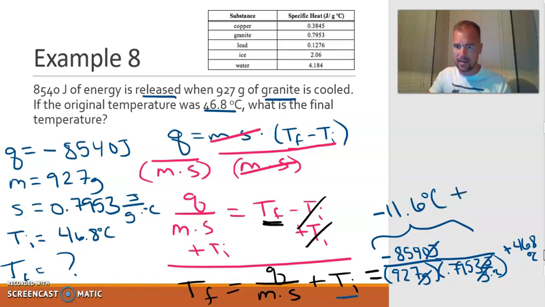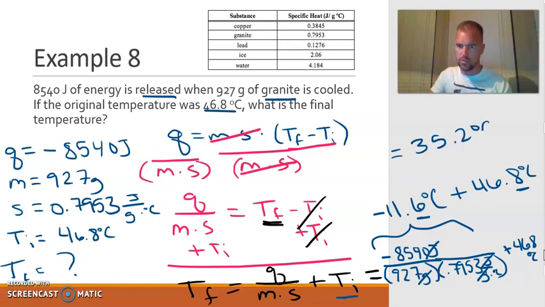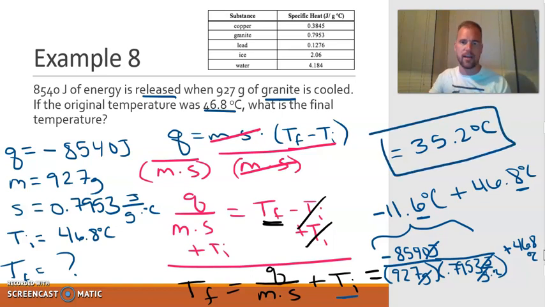And I'm going to add that to the 46.8, which I know was the original temperature. So plus 46.8. And now that I'm adding, lowest decimal places, here's one decimal place, here's one decimal place. So my answer, when I add these two together, ends up being 35.2 degrees Celsius. That's the final temperature.